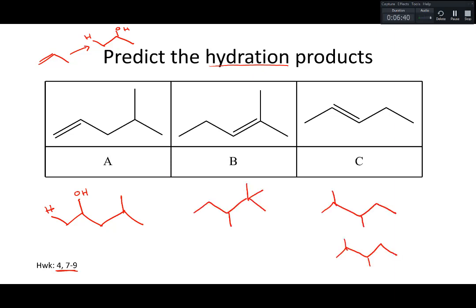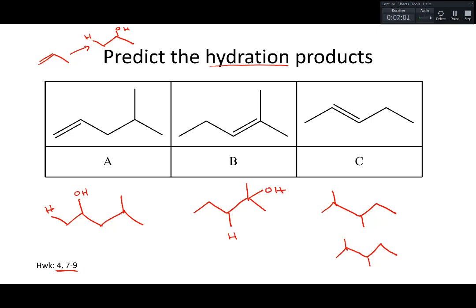So I've drawn most of the structure, so we can just fill it in. For B, we have tertiary versus secondary. So the expectation is I'll have the hydrogen on the less substituted side and the OH on this side. So we have this and this.